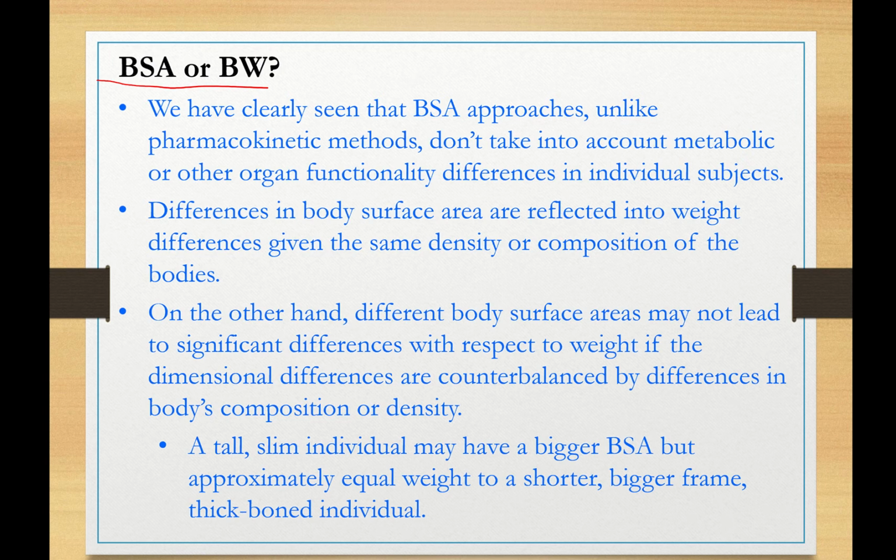Differences in body surface areas are reflected in weight differences given the same density or composition of the body. We have proven that, right? When you used the density and derived the weight there. On the other hand, different body surface areas may not lead to significant differences in weight if the dimensional differences are counterbalanced by differences in body composition or density. So these are all possibilities.